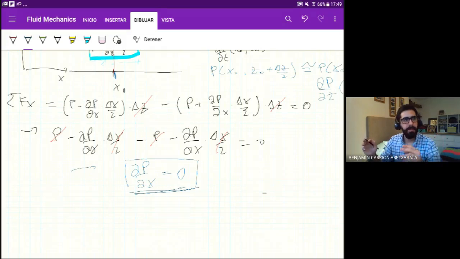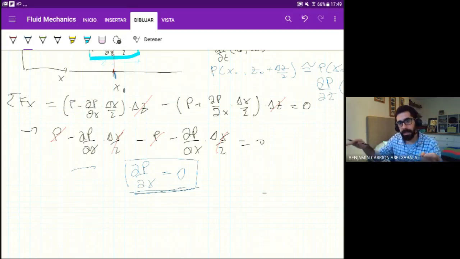So let's say you have a fluid at rest, a pool, for instance. If you measure the pressure at 1 meter depth, 1 meter below the surface, on one side of the pool, and you measure it on the other side 1 meter below the surface, you should measure the same pressure because they are at the same vertical position.